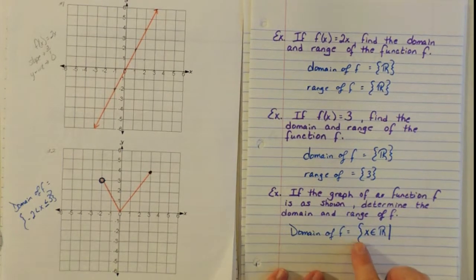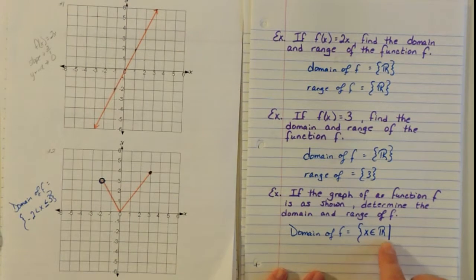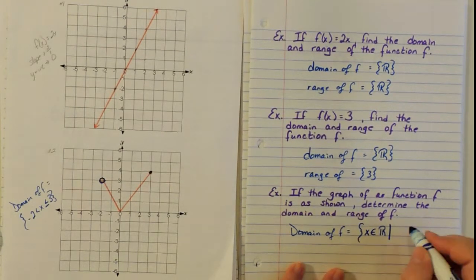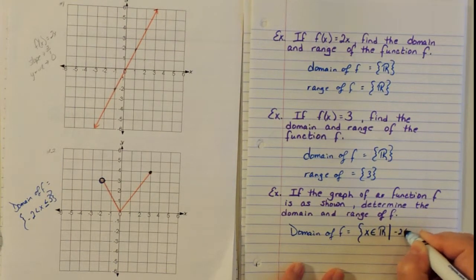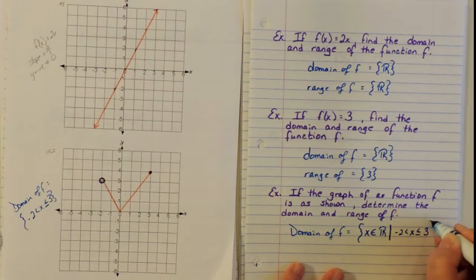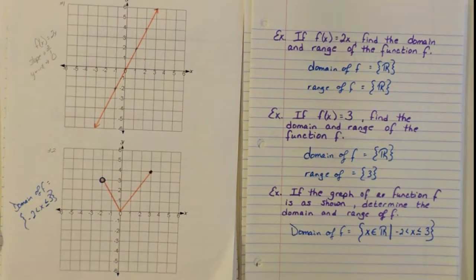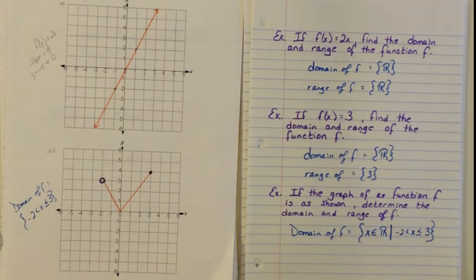So, the domain of f is the set where x is a subset of the real numbers, such that -2 is less than and not equal to x, and x is less than or equal to 3. Okay, that's ugly and complicated, but it's a complete thought or complete statement. So this is the correct way to write this.